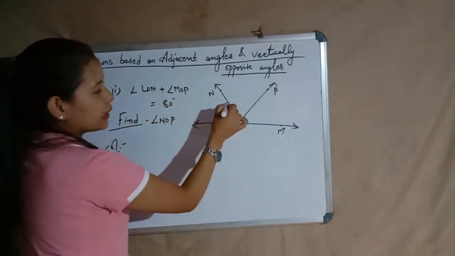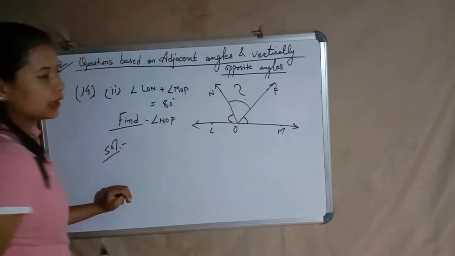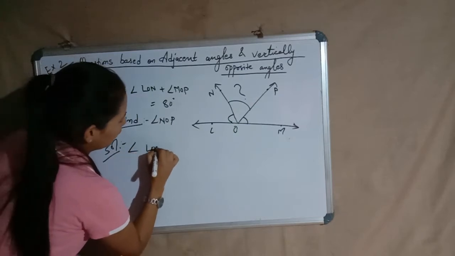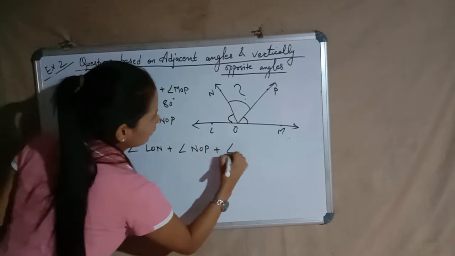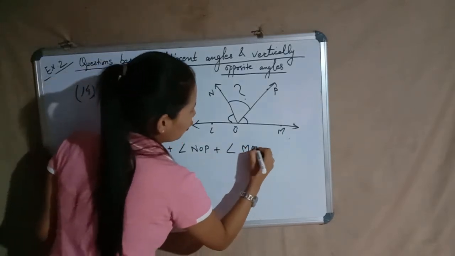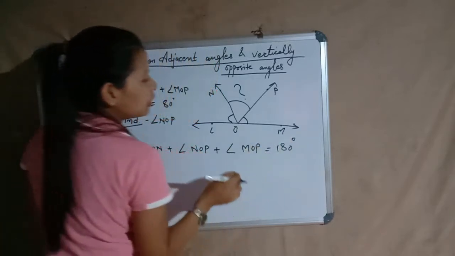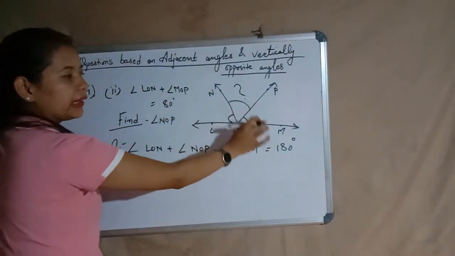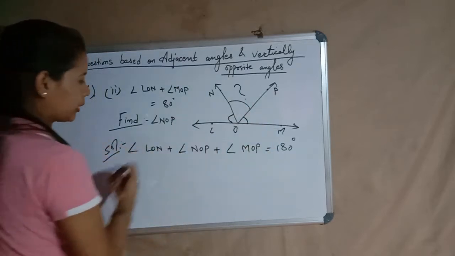We need to find this angle, okay, that is angle NOP. Okay, so here also angle LON plus angle NOP plus angle MOP sums up to 180 degree, because this again forms a linear pair, because all these angles lie within the straight line, and straight line always has an angle of 180 degree.